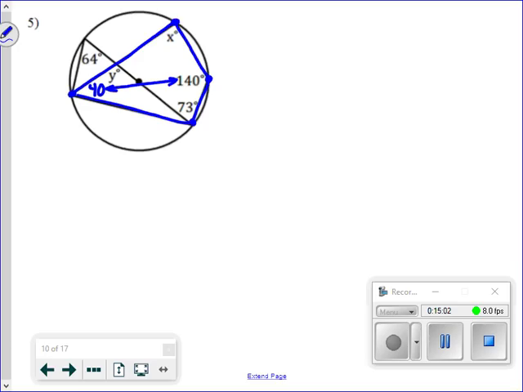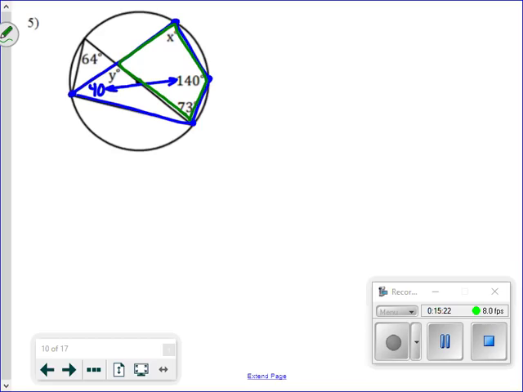I don't have enough inside of a triangle to figure that out. If you remember that the four angles of a quadrilateral should add to 360, then we can get here, but this quadrilateral is not cyclic, okay?